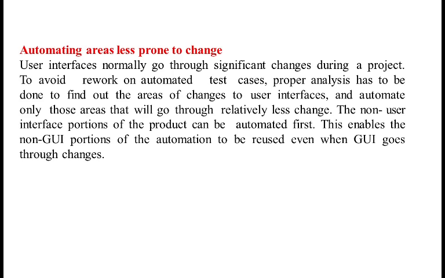To avoid rework on automated test cases, proper analysis has to be done to find out the areas of the user interface that will go through relatively less change, and automate only those areas. The non-user interface portion of the product can be automated first. This enables the non-GUI portions of the automation to be reused even when the GUI goes through changes.